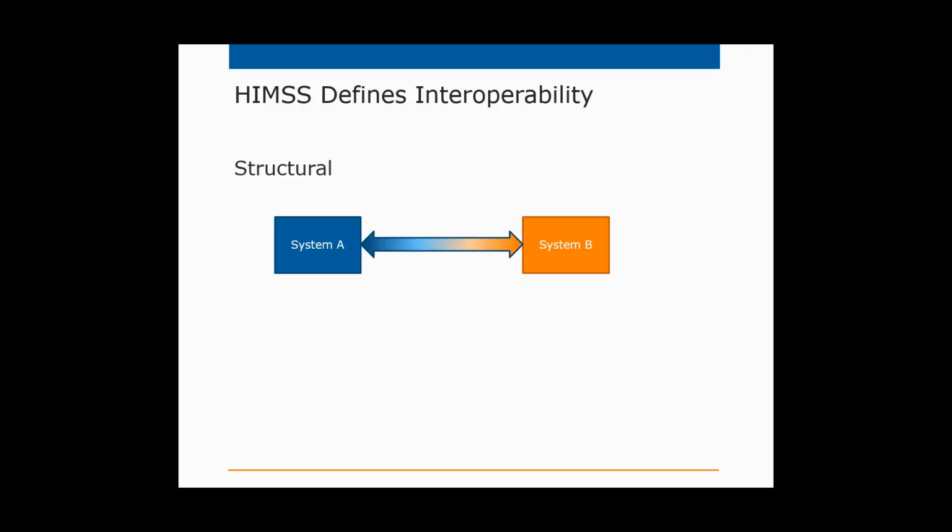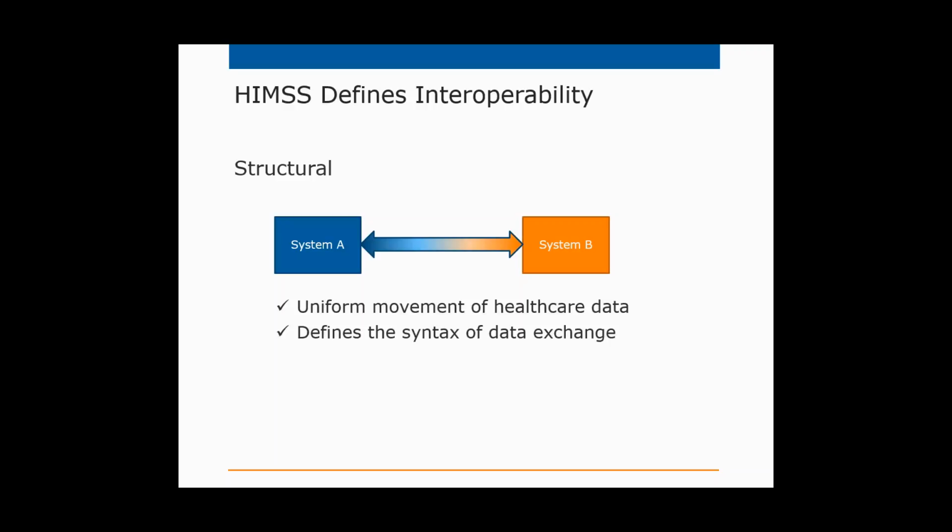And then the next type of interoperability is structural, and you can see that these arrows are going both ways. And I've got the colors on these, as that blue is sending over to the orange, it's turning orange, and vice versa. As they are sharing information, you can see that they have uniform movement of healthcare data, all right? They have a syntax for the data exchange. Each one will understand the other.